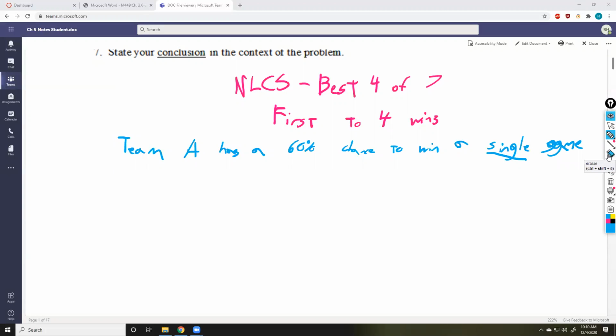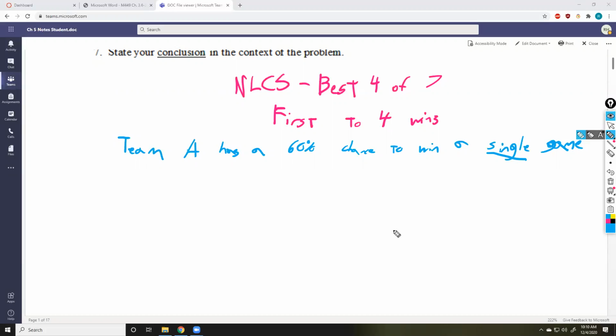And so we're talking about their chances of winning a single game, not the whole series. Just because they have a 60% chance to win one game doesn't mean they have a 60% chance to win a best 4 out of 7. Those are different probabilities. And so as we start to run these simulations, you might start to think about whether you think the probability is higher or lower than 60%. That might be a good exercise.